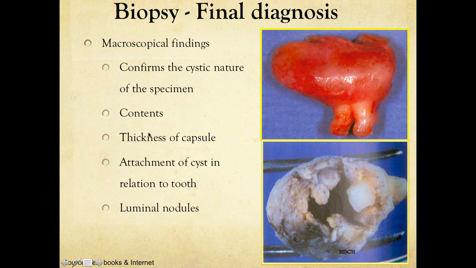Then the second is you can have a look at the contents of the cyst. Most of the time you find it will be empty, or sometimes you may find whitish squames which are indicative of your OKC. You can also record the thickness of the capsule and the attachment of the cyst in relation to the tooth, and if any luminal proliferations or nodules are present.